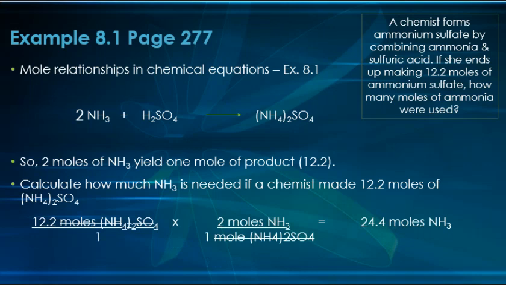So here in the factor label method, just don't forget that you've got that 2 right there. Don't forget that it takes 2 to make 1, so therefore 2 over the 1 is my representation of 1, right? And then I'm going to just pull the math through there. So now I have 24.4 moles of NH3. And that's my answer.